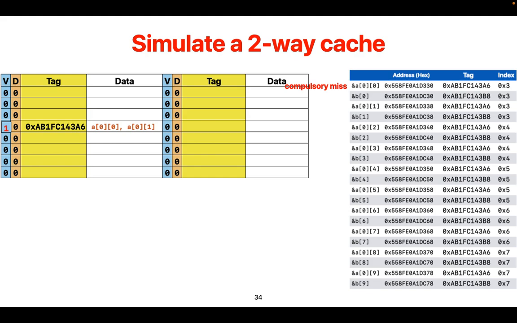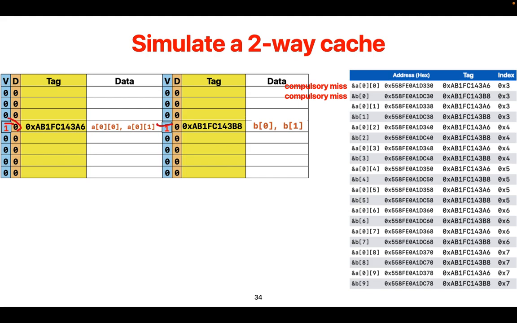Now, for B0, hit or miss? What kind of miss? Compulsory, right? So when I need to accommodate B0, I have to accommodate it in index 3. And right now, fortunately, I have another entry in index 3, so I can put it here, right?